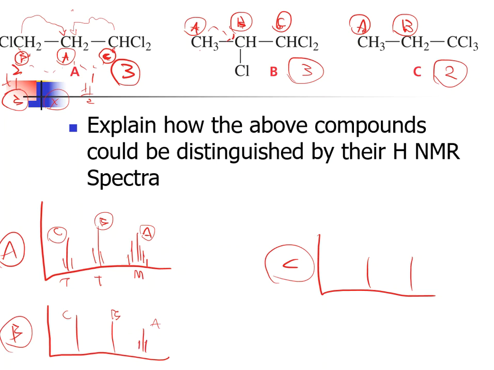I just determined the difference. In the first molecule for A, that lowest frequency signal will be a multiplet, where in the structure for B, the lowest frequency signal will be a triplet. That sounded pretty fancy, didn't it? I used some scientific terminology in order to explain the difference here.